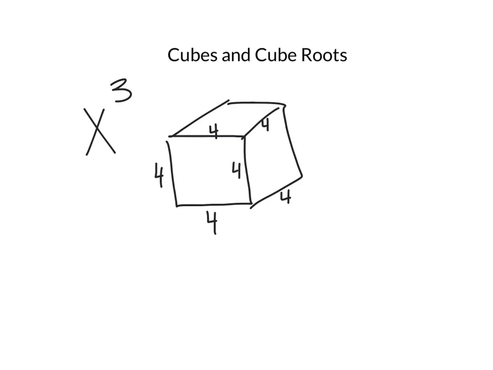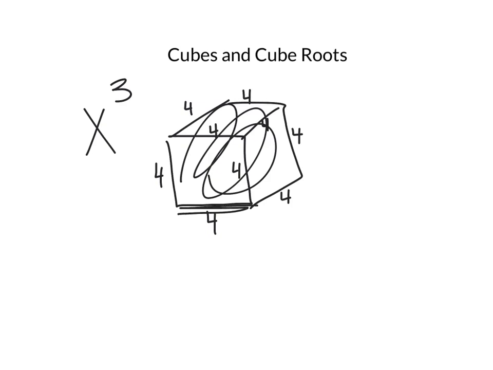And in order to find the volume of the cube, the volume is the total amount of space that is inside of the cube. So all of this inside here, that's the volume of the cube. In order to find the volume, you multiply one of the sides times the other side, and that's going to give you the area of this side here, and then you multiply that by this side here.